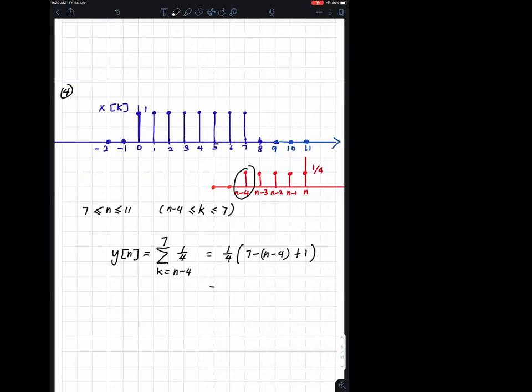So that's going to be equal to 1/4 times (12 minus n), where n is less than 11 but greater than 7, right?